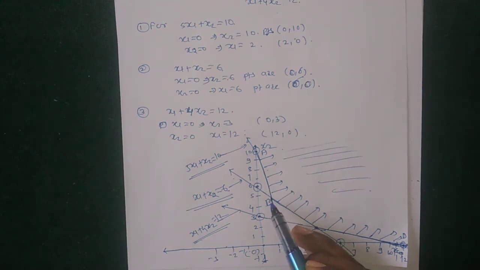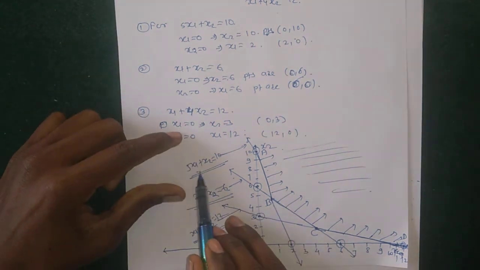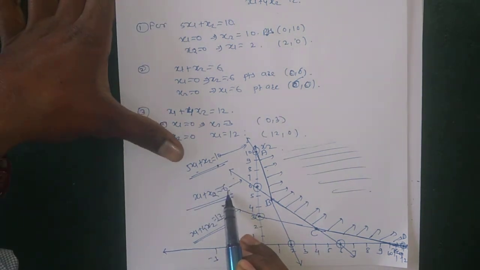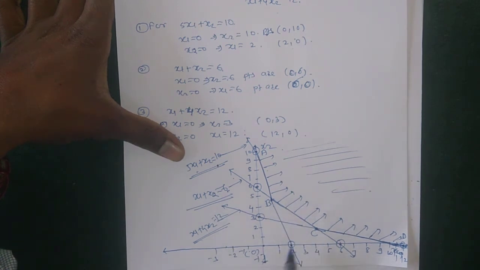Point B is the intersection of these two lines, 5x1 plus x2 equal to 10 and x1 plus x2 equal to 6. So using these two equations, find the coordinates of point B and similarly point C.